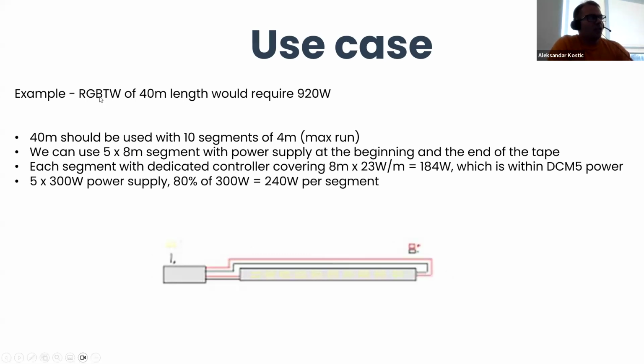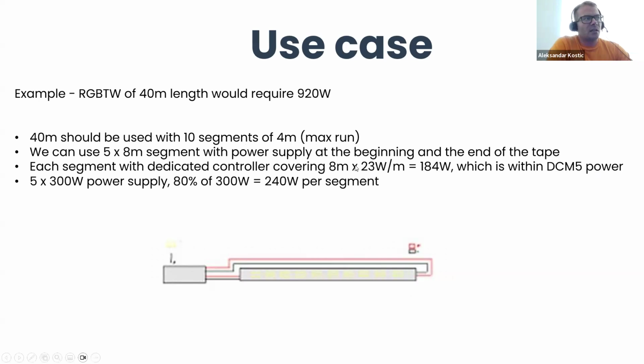As this is RGB tunable white, I have to use my 5-channel DCM5 Zigbee controller. Each segment of 8 meters would have 8 times 23 watts, which is about 184 watts. My maximum power from DCM5 is 196 watts, so this is within the limitation. So I can use one DCM5 per each segment of 8 meters, and I'm good.